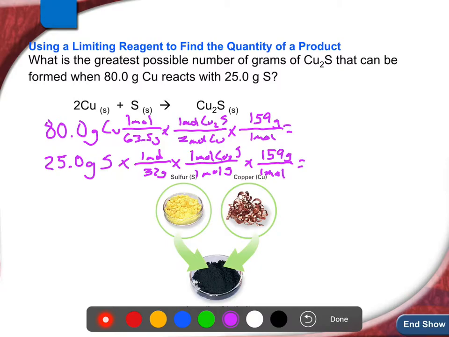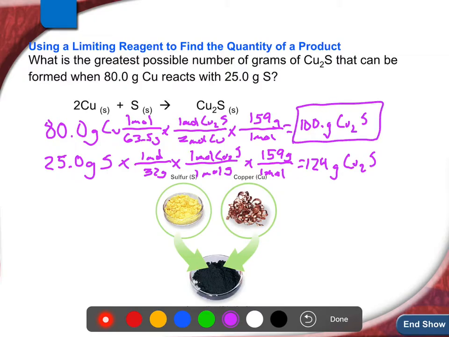So when you're working this out, just do it like normal. You'll get 100 grams on top. And on the bottom, I think you will get 124. And so, looking at the results here, you only get 100 grams up top.